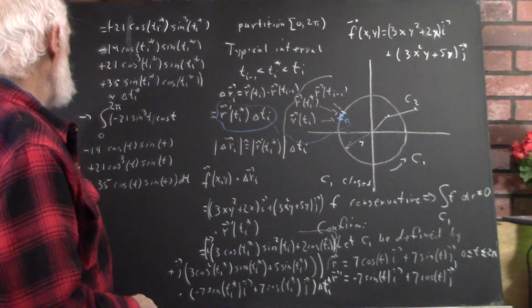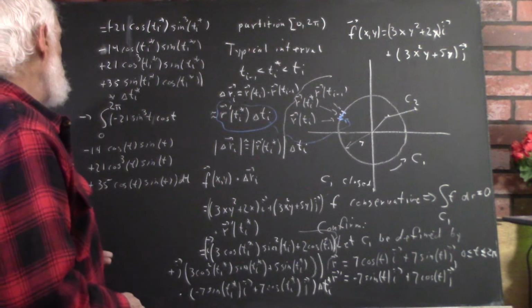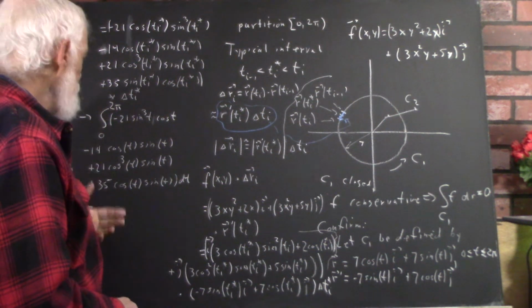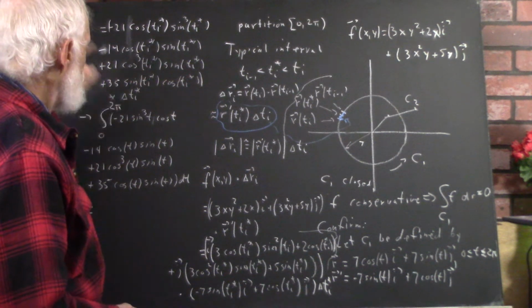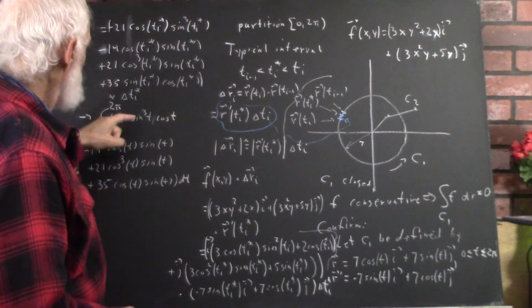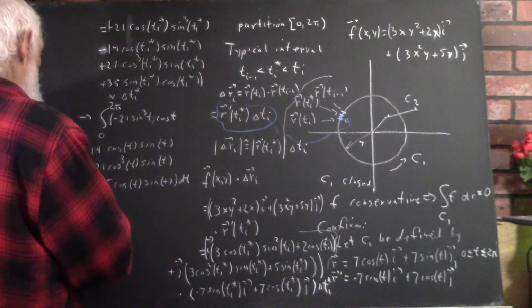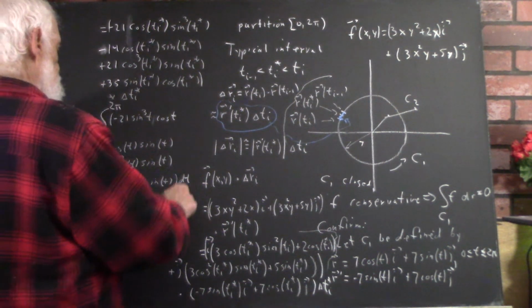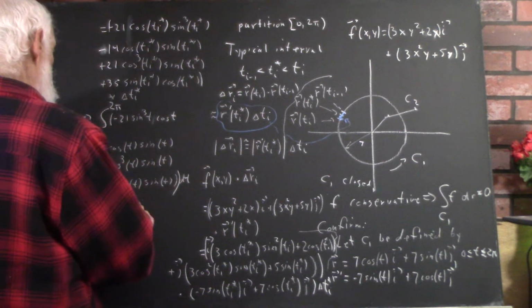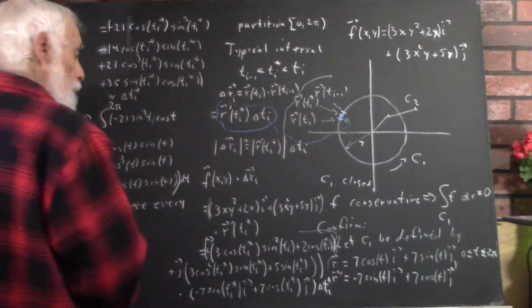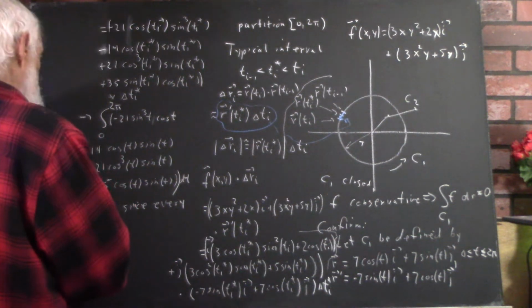Well, the same sort of thing is going to be true for every term. So every term includes an even power. Every term integrates to an even power of either a sine or a cosine. So I'm just going to say this whole thing equals 0 without going through all the substitutions.